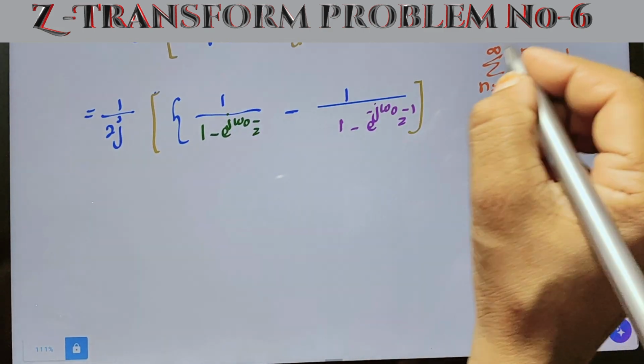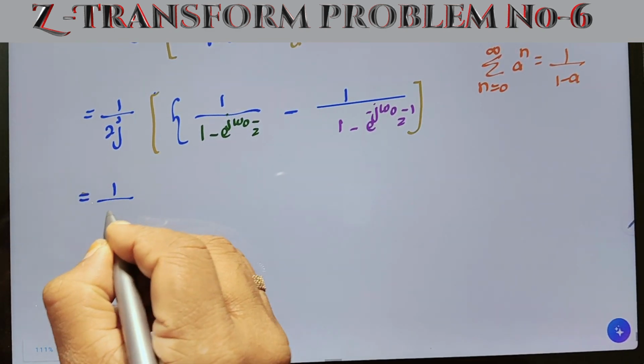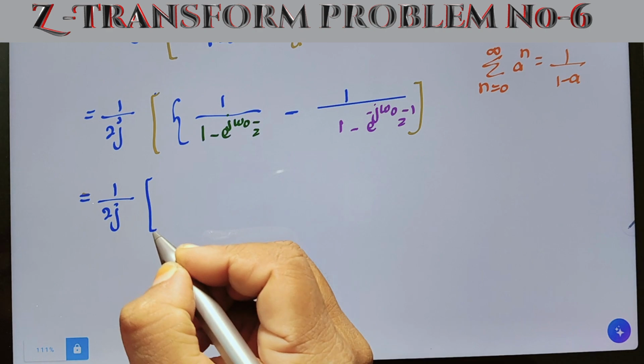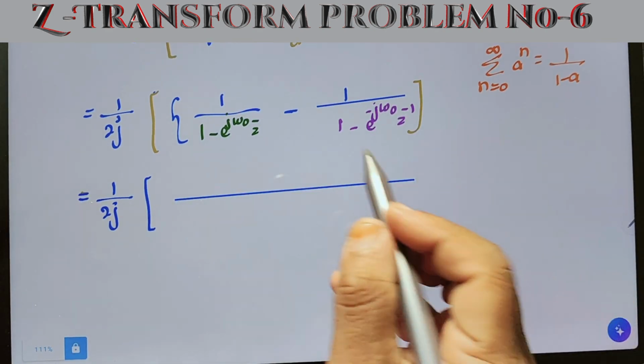Next line, take the LCM, ordinary simplification steps. 1 by 2j, open bracket, then cross multiply.